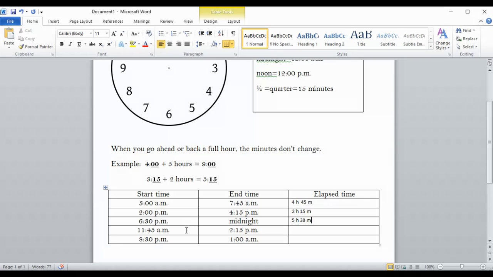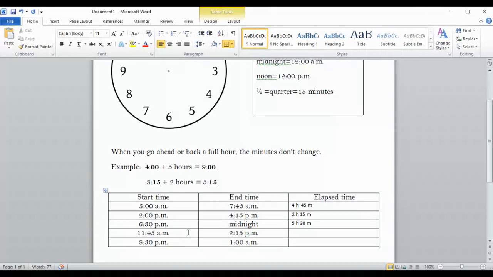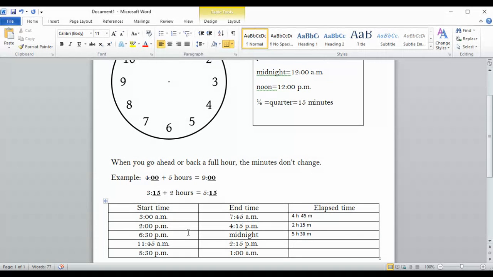So if we start off at 11:45 a.m., this is right before noon, right before the lunch hour. And then this is 2:15 p.m. So this is 2:15 in the afternoon. So if we go from 11:45 to 2:15, this is how I would count it.